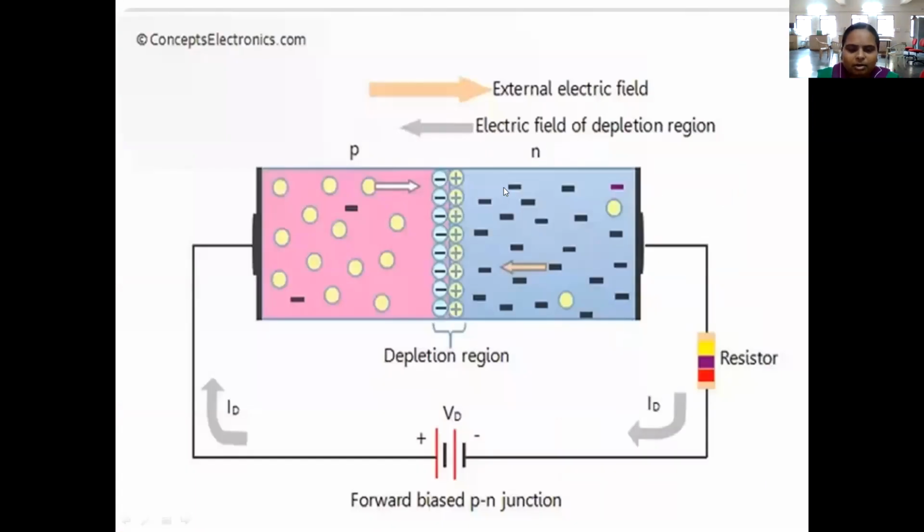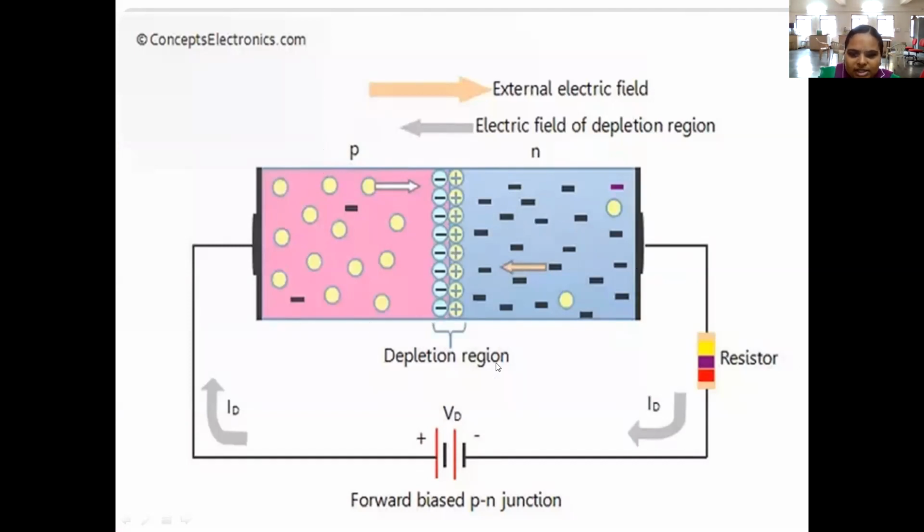Next, before we go into how the SCR works, some basic information about how a PN junction is forward biased and reverse biased. In P there are a number of holes, and in N a number of electrons. It is forward biased when I connect the P terminal to the positive of the battery and the N terminal to the negative of the battery.